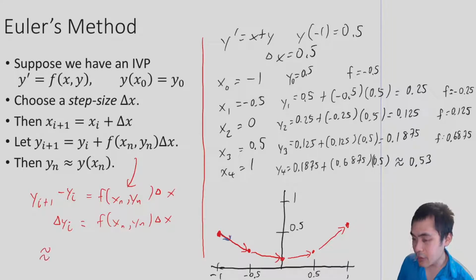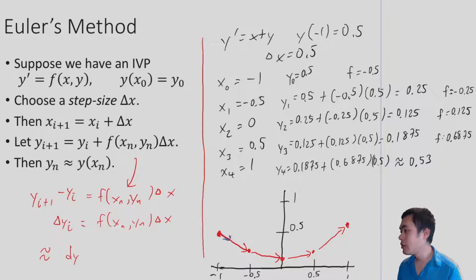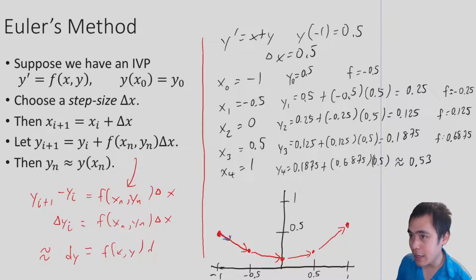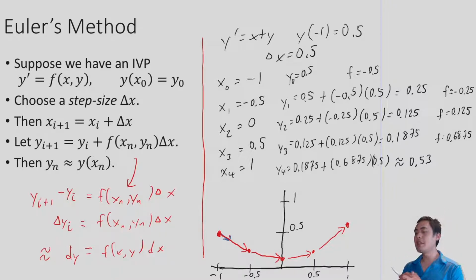And so this is similar to our original equation, dy equals f of x, y dx. So basically we're taking our original equation, and instead of using dy and dx, we're replacing them with delta x and delta y, where our delta y is given by this formula.